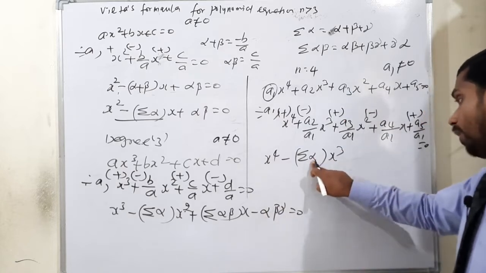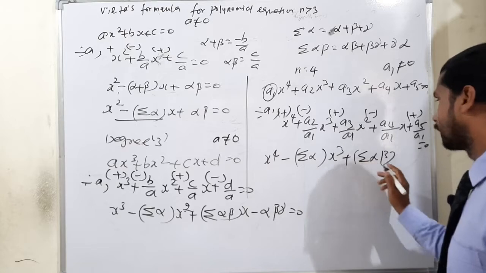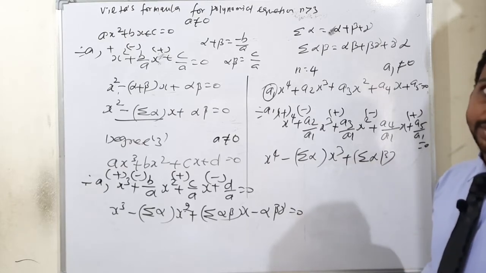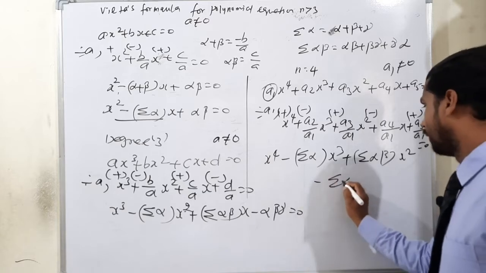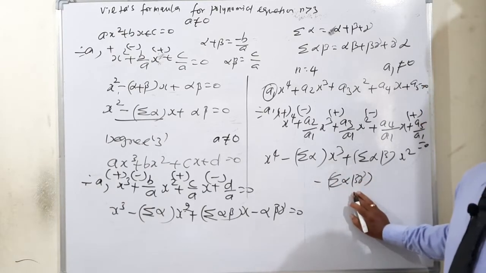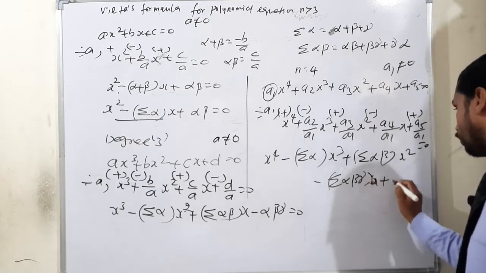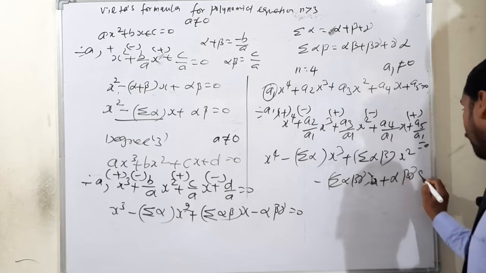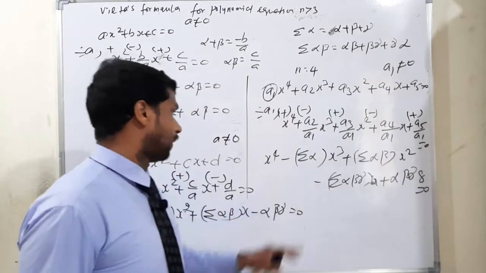Then the positive sign, summation of alpha beta, that is the sum of products of the roots taken two at a time, for x square. Again minus summation of alpha beta gamma, the sum of products of the roots taken 3 at a time, for x. The last one is only the constant, so we can write it alpha, beta, gamma and delta is equal to 0. So just expand what is the value of summation of alpha.